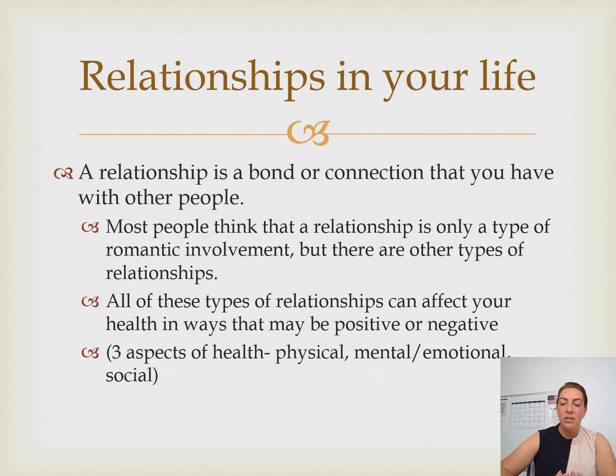So positive friendships, I was part of the soccer team at school, and a lot of the girls that I played soccer with were super uplifting and really pushed me to be the best person that I could possibly be, which was great. All three aspects of health that we've previously discussed in other units, your physical, your mental, emotional, and social health, all play a role in the relationships that you have in your life.